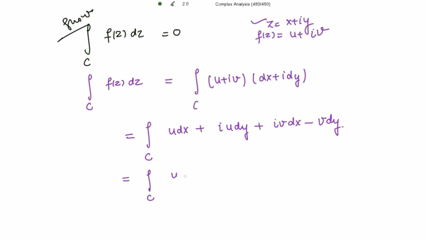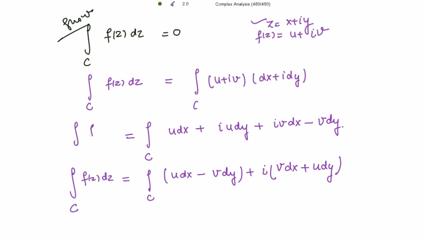Collecting the real parts, we get u dx minus v dy, plus, now the imaginary parts, v dx plus u dy. So this line integral of f(z) dz over the contour C is this. Let me mark this as 1.